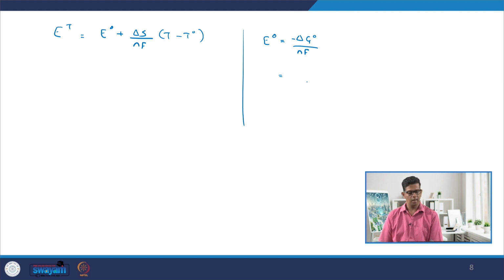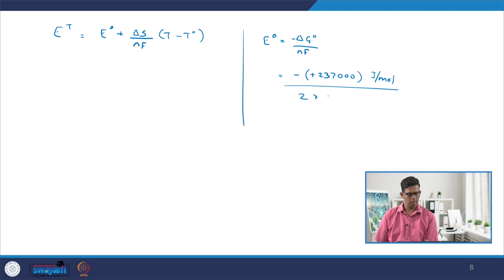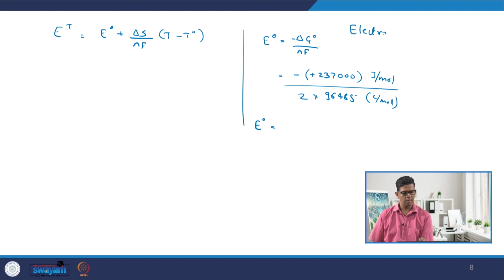Delta G is a positive term for the electrolyzer, which comes close to plus 237,000 joules per mole divided by n, which is 2, times F, which is 96,485 coulombs per mole. So, if we try to find out E naught for the electrolyzer, this is for the electrolyzer.